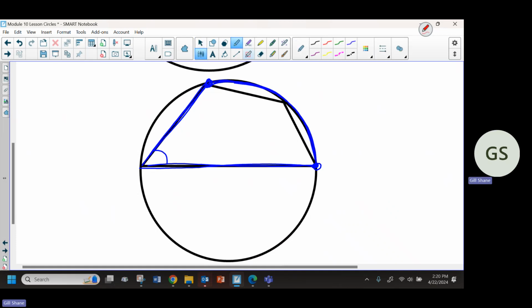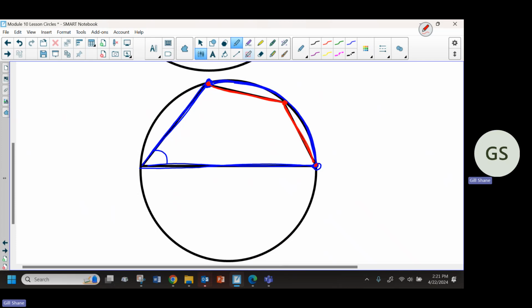Let's think about this opposite angle. Here's the opposite angle here. No, I'm sorry, the opposite vertex technically, but the opposite angle would be this angle. They share the same endpoints.